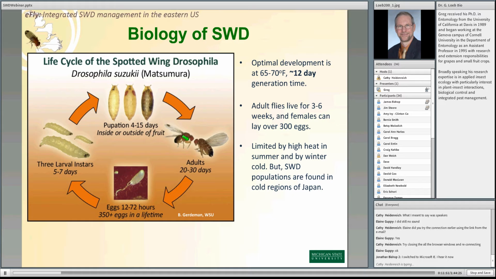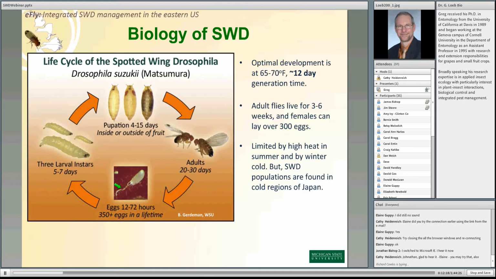But these adults can live 20 or 30 days, maybe longer in the spring as overwintered adults, mating and then laying eggs in susceptible fruit. These eggs are inserted into the fruit with the ovipositor of the female, and I'll show you a picture of that in a second. Often at the exterior surface of the fruit, you'll see breathing tubes, little white fibers, that indicate an egg is sitting underneath.